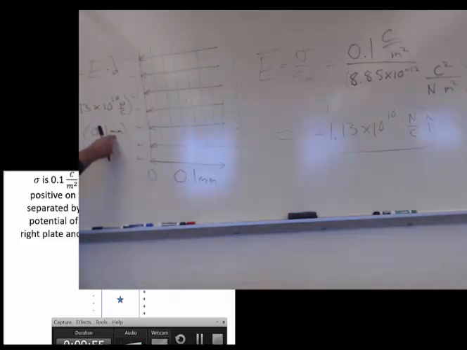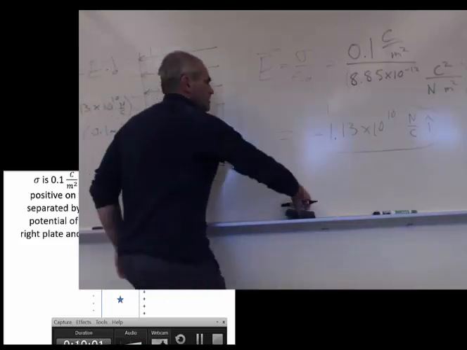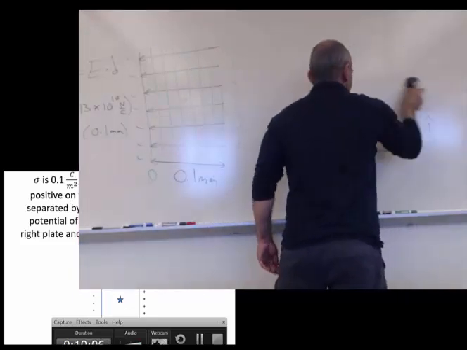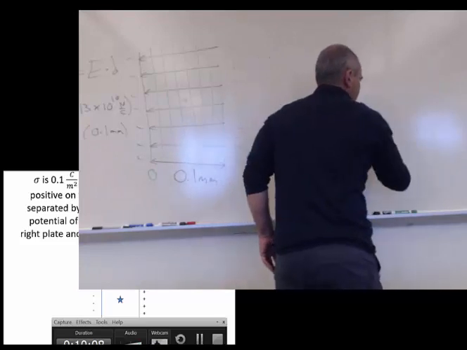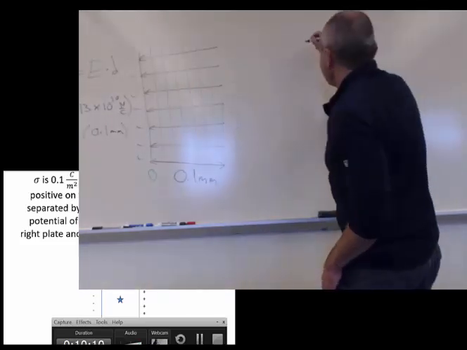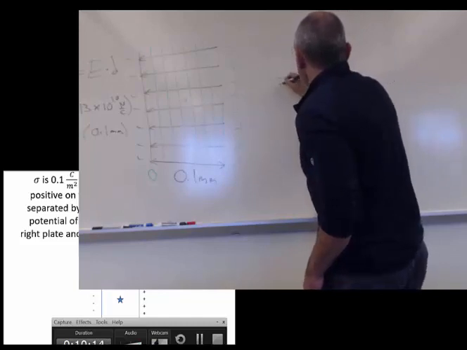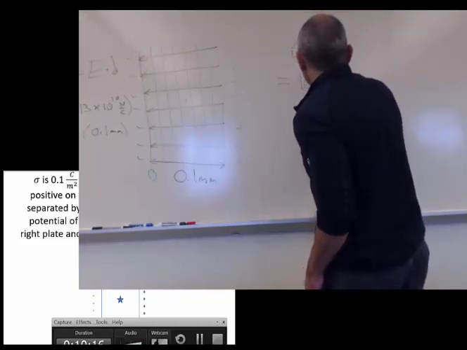I have to convert millimeters to meters. So that's going to be 10 to the minus fourth meters. I'll write that over here. I'll say 0.1 millimeters is equal to 10 to the minus 4 meters.